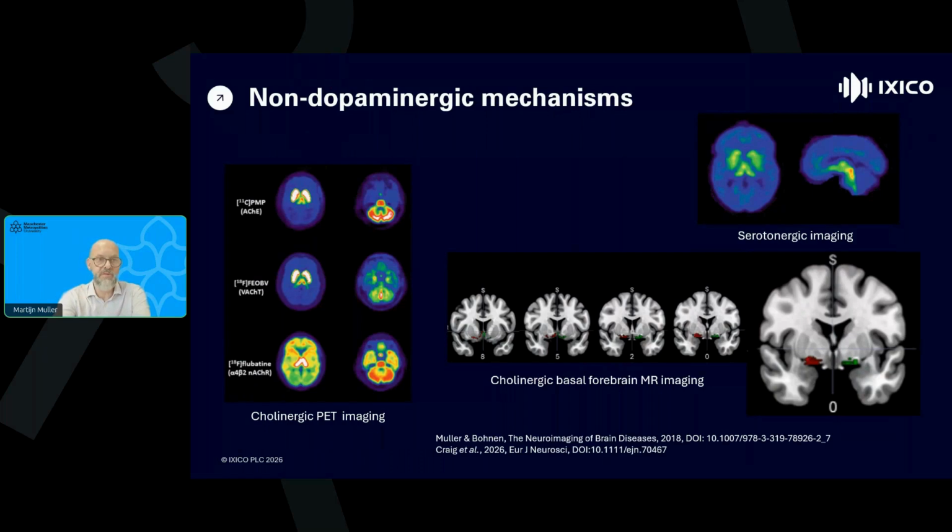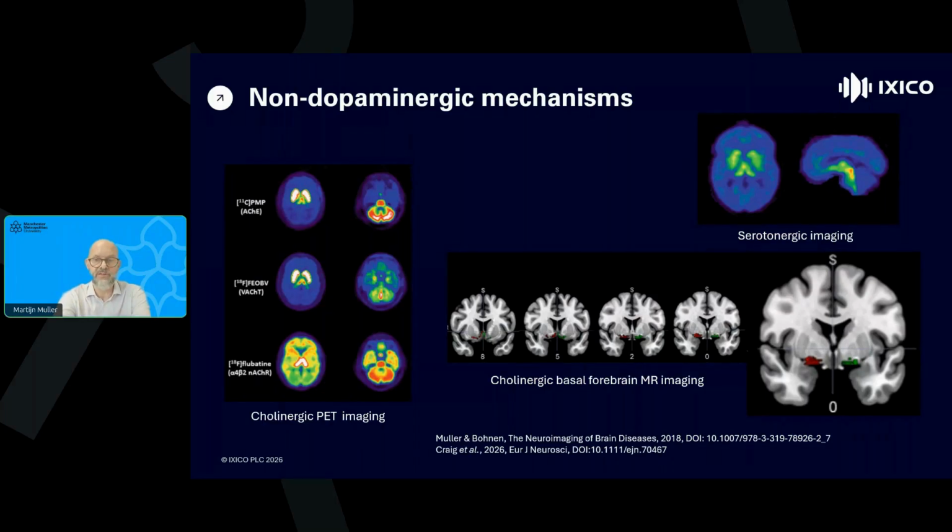So if we move away from dopaminergic mechanisms, some of the non-dopaminergic mechanisms that may be particularly relevant for stratification are the cholinergic and the serotonergic system. Dysfunction in these systems actually contributes to symptoms that often respond quite poorly to dopamine replacement therapy.